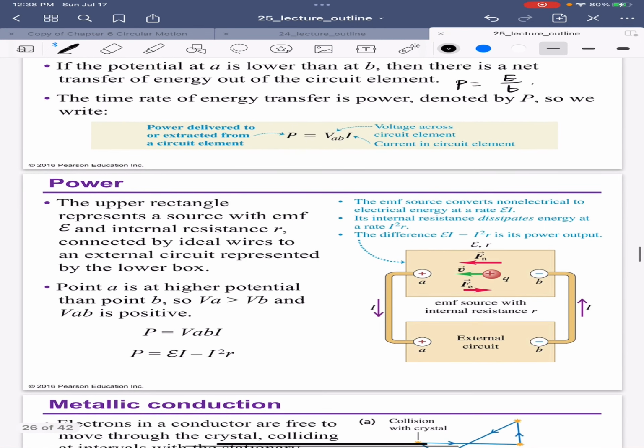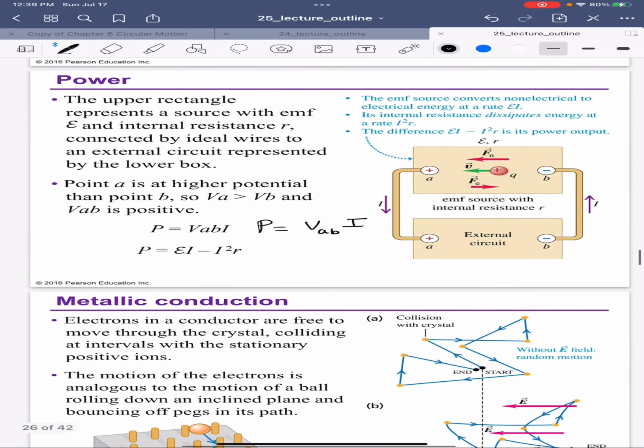Here point A is at a higher potential because it is positive than point B, so VA is greater than VB, then VAB is positive, and the power P is VAB times I, which is EI minus I squared R.